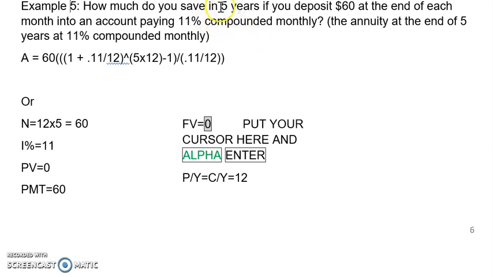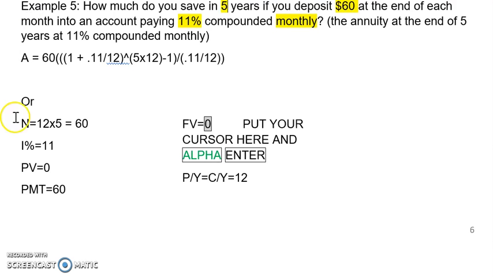Important values here are 5 years, $60, and monthly matches with this 11%, which is also monthly. Those are all the important values I can pull out of this problem.